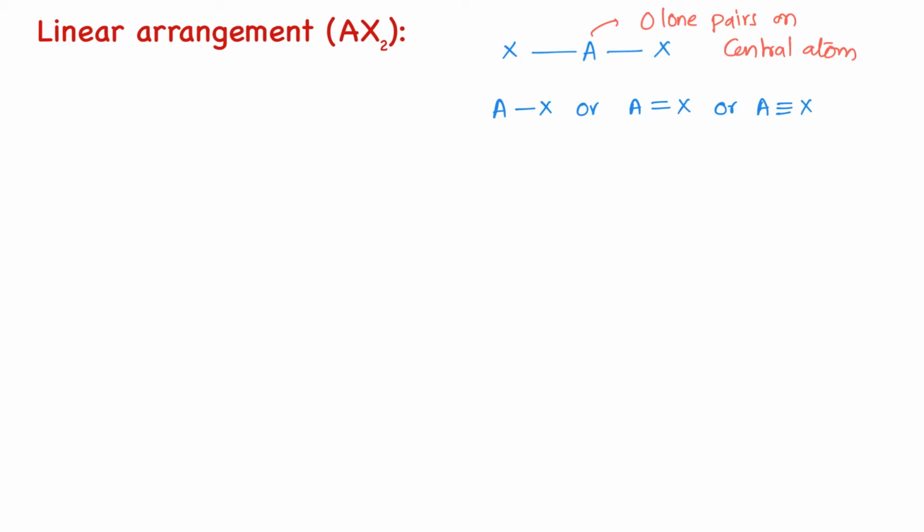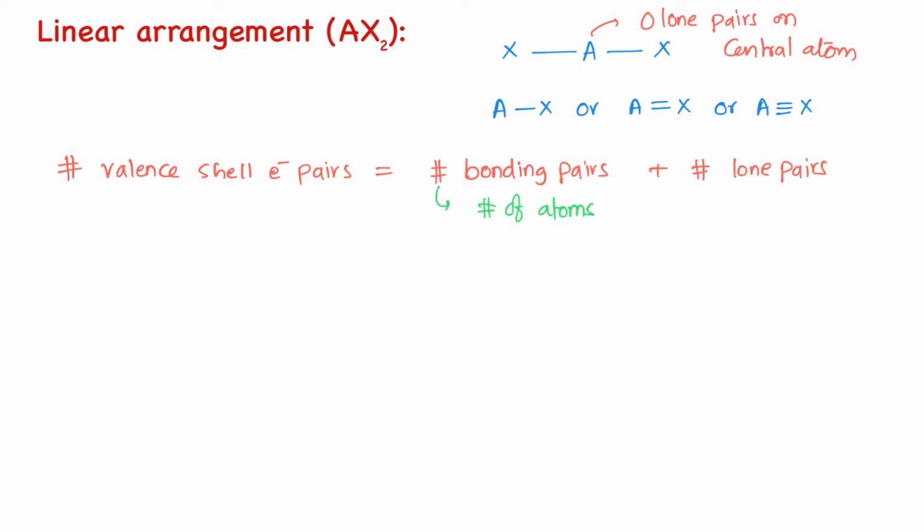Therefore, the total number of valence shell electron pairs is equal to the total number of atoms on the central atom plus the lone pairs. Since AX2 does not have a lone pair, the total number of valence shell electron pairs is equal to the number of atoms, that is 2. An example of such a molecule is beryllium chloride, BeCl2.